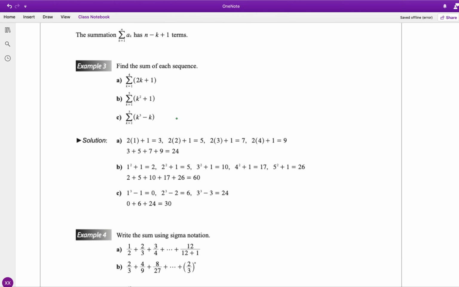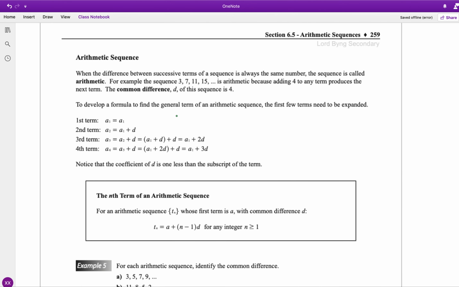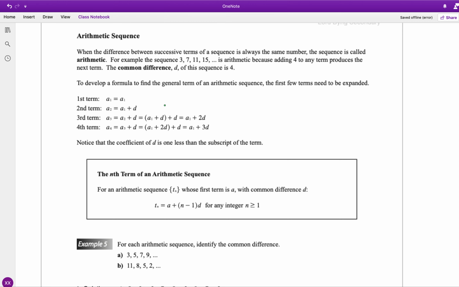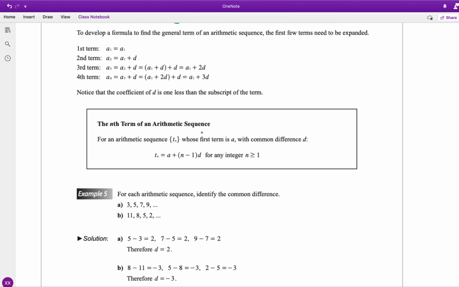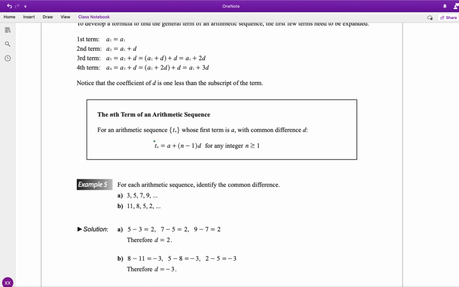All right, so now in class, we proved this formula. For an arithmetic sequence, that means there is a common difference: between two consecutive terms, the difference is always the same, D. In this case, I always disagree with using Tn, so I will always be using An.